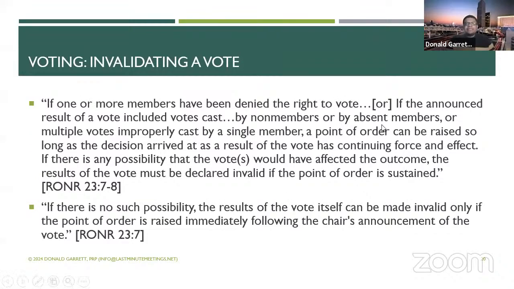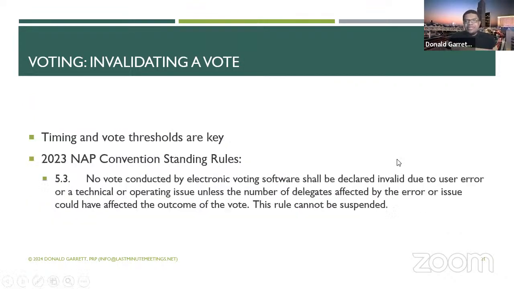Because Robert says in that second bullet that if it wouldn't have had an impact, you still could raise a point of order if it was raised immediately. So we just said, no, no, no. The general rule is if there's no impact, it's sorry, but we're going to move on. So keep that in mind for your special rules.